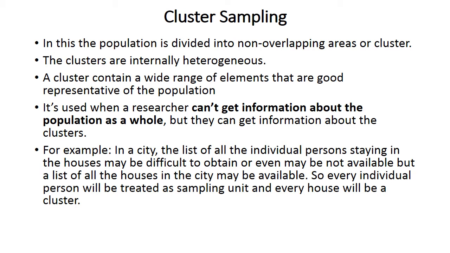In a city, the list of all the individual persons staying in the houses may be difficult to obtain or may not even be available, but a list of all the houses in the city may be available. So every individual person will be treated as a sampling unit while every house is treated as a cluster.